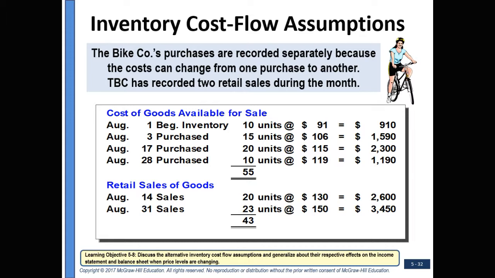They also had 2 sales on August 14th and August 31st, representing a total of 43 units sold. This is the basic information that we're going to be using as we go forward.